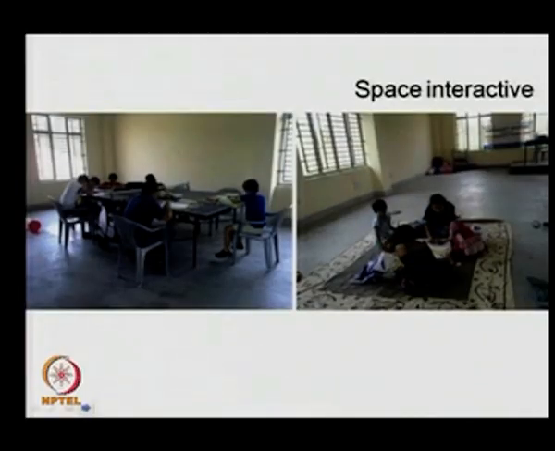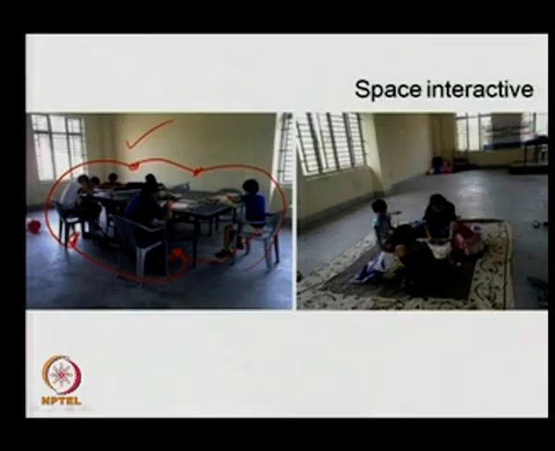Now, the space interactive. In this left hand corner, this figure says that they are using the seats, but interaction is a little less. Though the teacher concerned can go around and meet everybody, still these children are not in a good interactive arrangement.